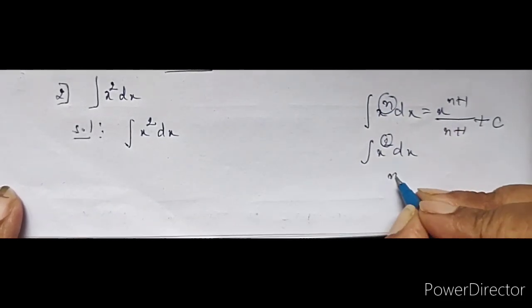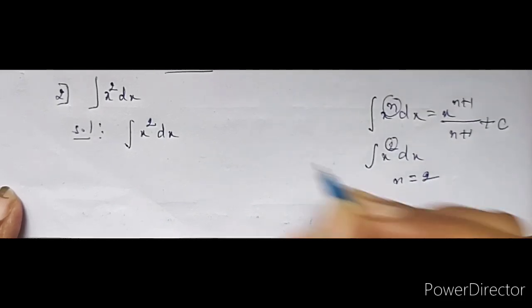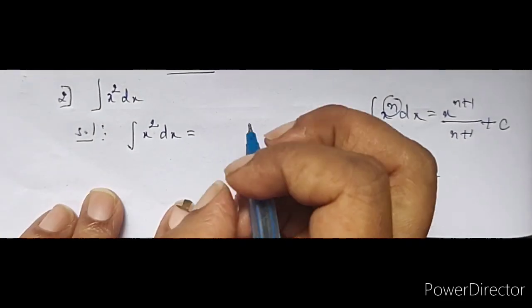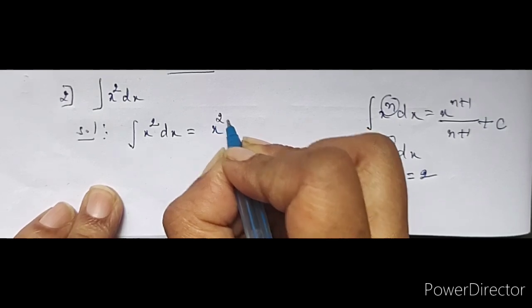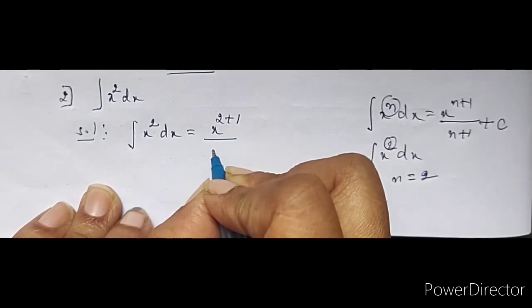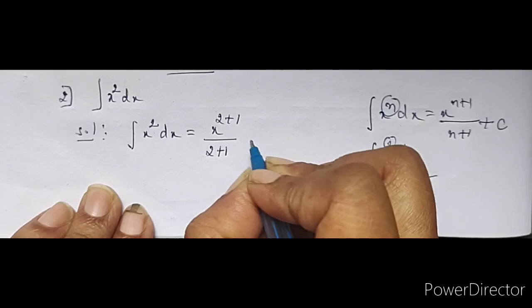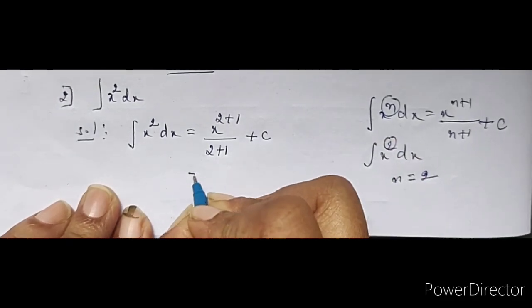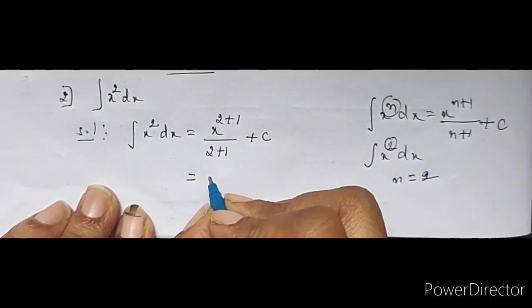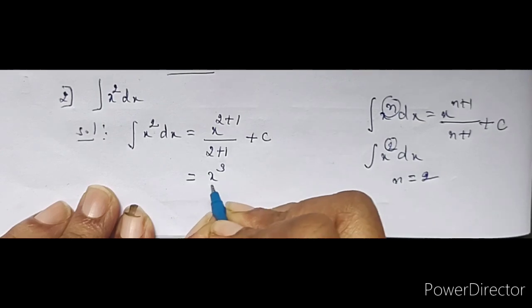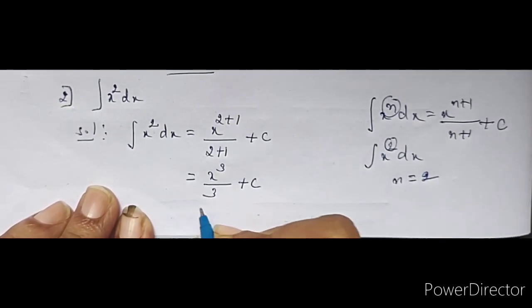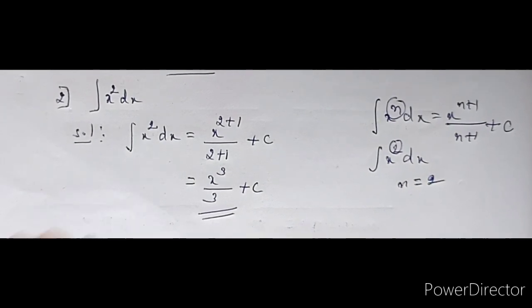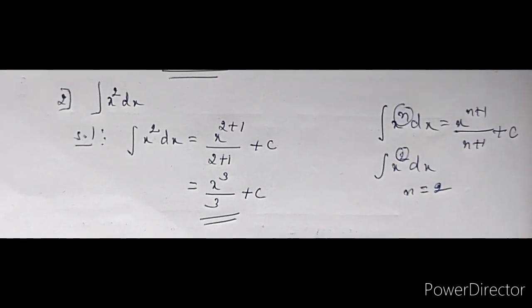In the place of n we have 2. Therefore integration of x square dx is x to the power of n plus 1, n is 2, so it is x to the power of 2 plus 1 divided by 2 plus 1, plus the constant of integration c. 2 plus 1 is 3. So x to the power of 3 divided by 3 plus the constant of integration c. That is how you solve that integral.